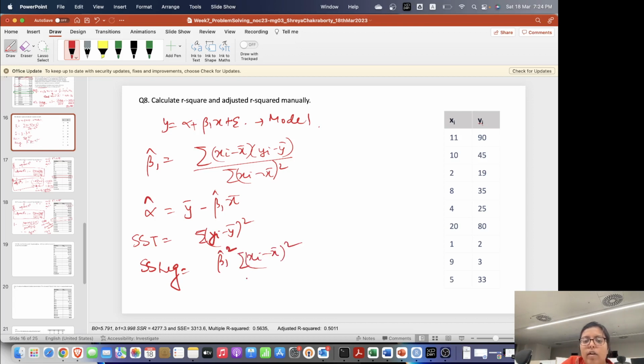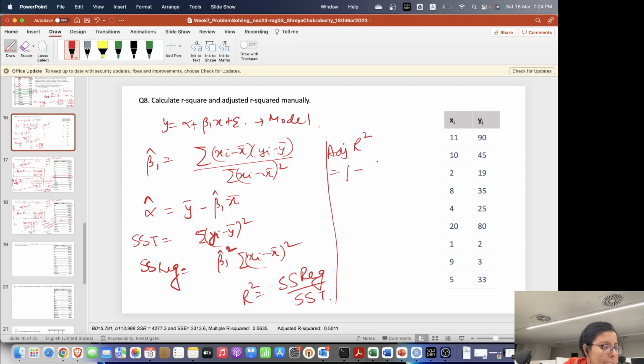Then we will get R square as SS regression by SS total, and we would get adjusted R square by 1 minus (1 minus R square) times (n minus 1) divided by (n minus k minus 1).